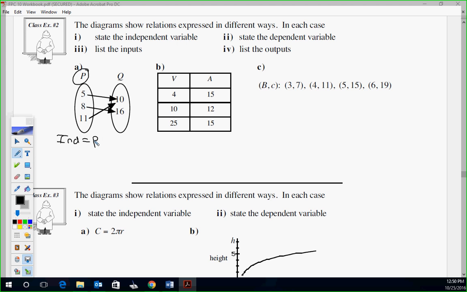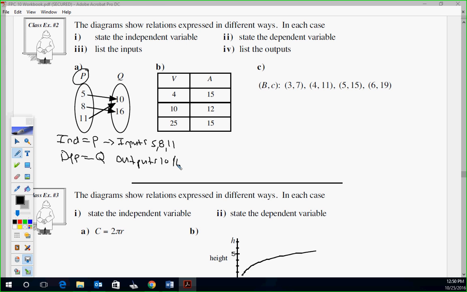Q. So dependent is Q. Okay, and your list of inputs, 5, 8, and 11. Your list of outputs, 10 and 16.